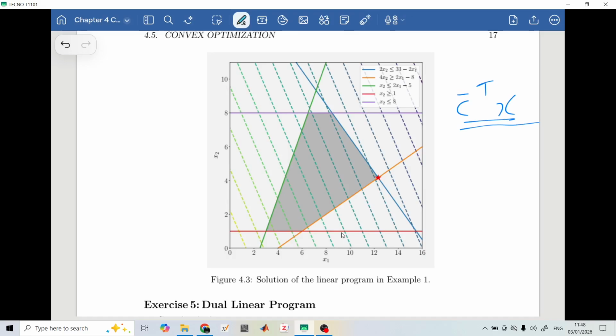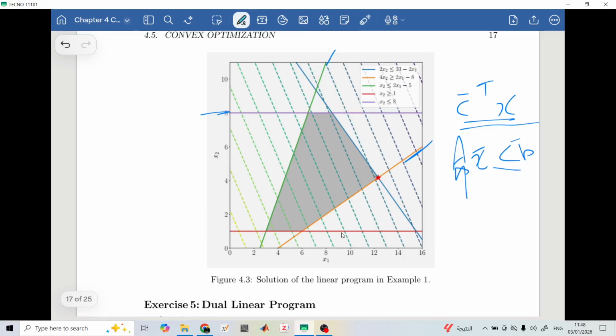But if you constrain it by Ax less than or equal to b, you are constrained in many directions. Each line here is a constraint, and each line is one row of the matrix A. This plane is oblique, so it's not horizontal; it has an angle with the horizon.